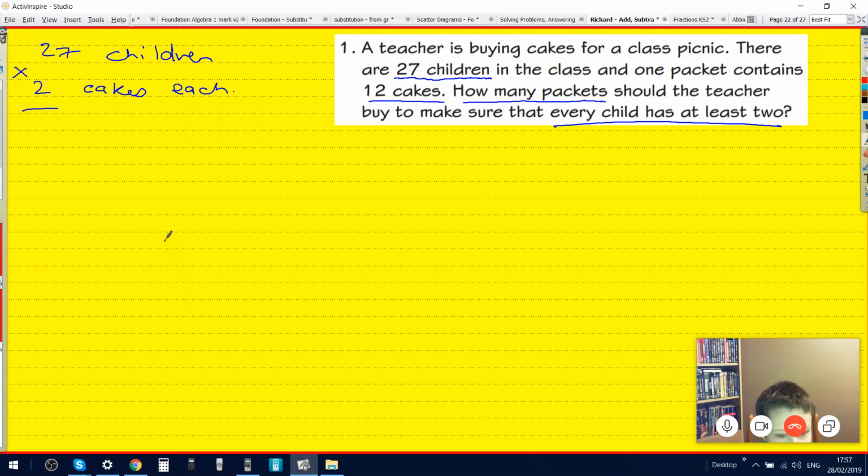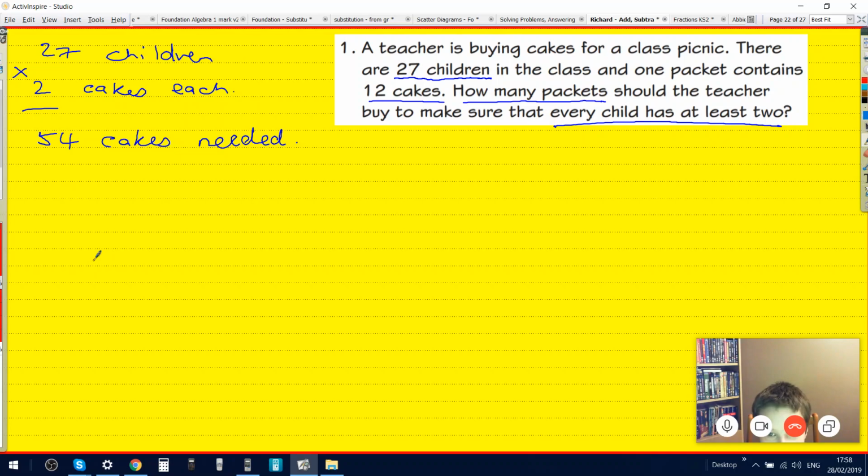So that would give you an answer of 54. 54 cakes needed. But it's asking us how many packets should the teacher buy to make sure that every child has at least 2.